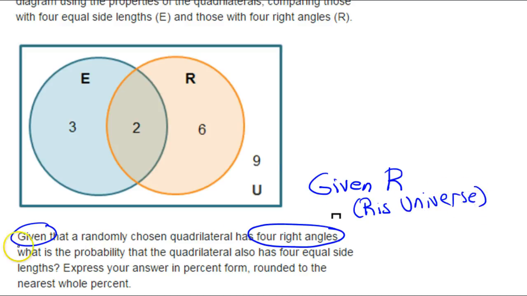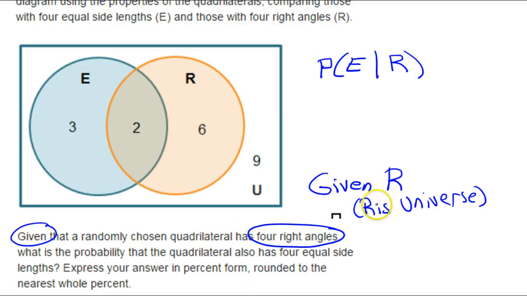I'll come back to that. What is the probability that a quadrilateral also has 4 equal side lengths? Okay, so we're being asked to calculate the probability of having 4 equal side lengths, so the probability of E given R. Express your answer in percent form, nearest whole percent.